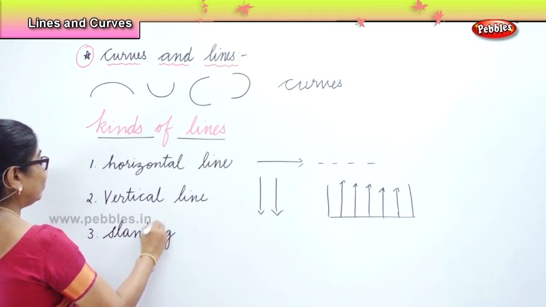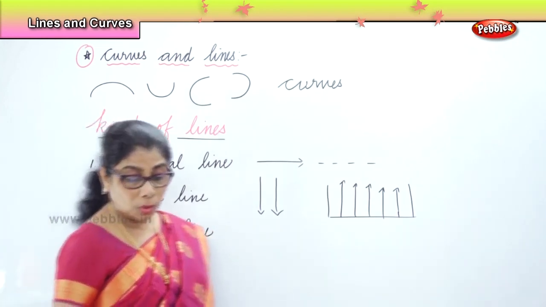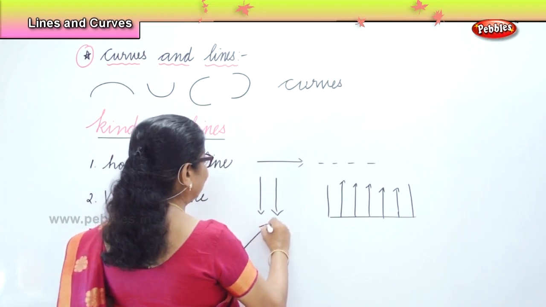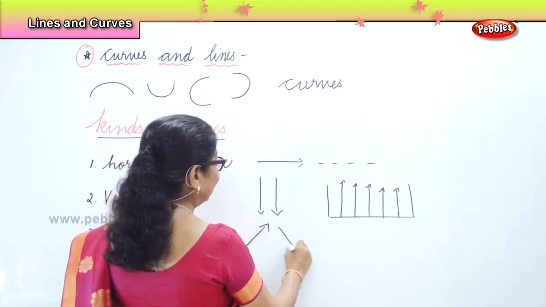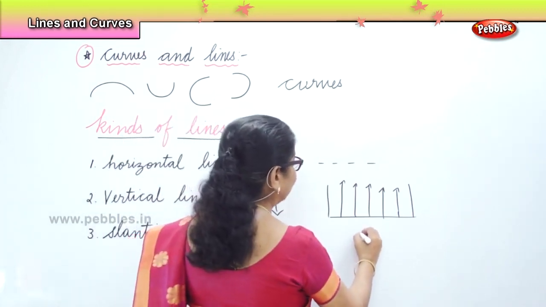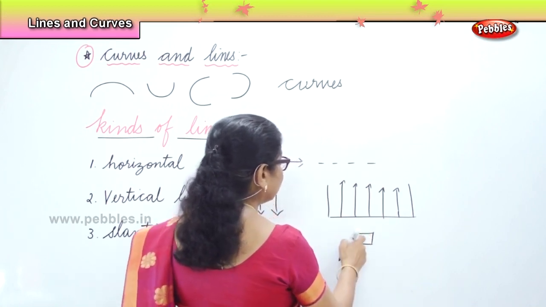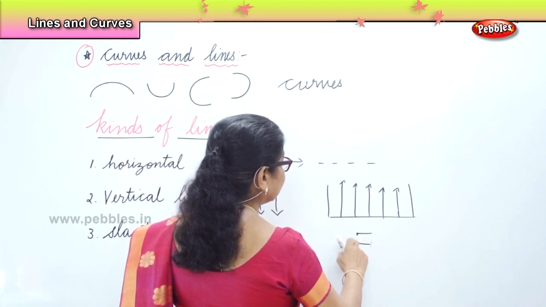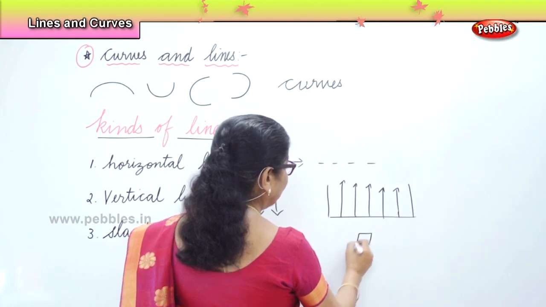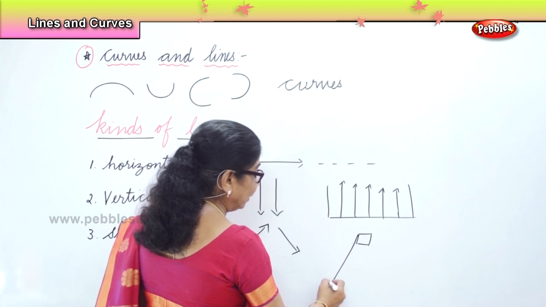Slanting line. When I say slanting line, we talk about ladders. Now, when we have ladders, we have a line this way and then we have a line this way. Think of the ladder you have at home. Now, in the ladder you will find lines going like this.